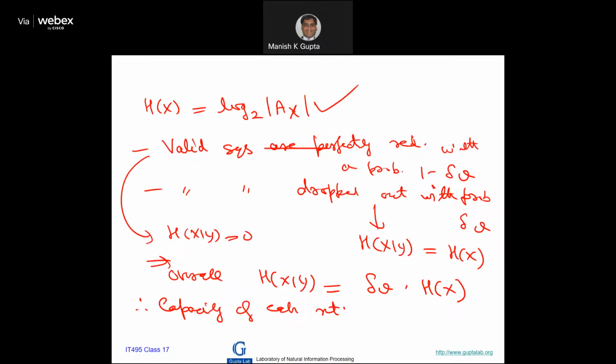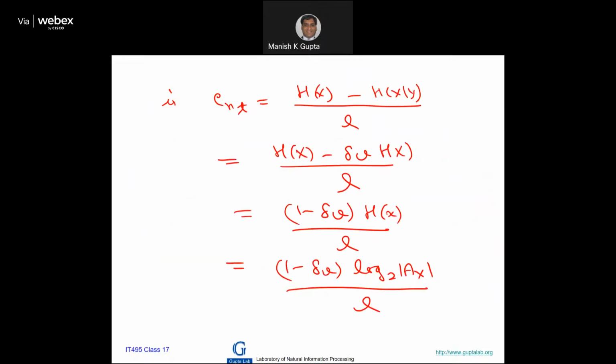I'm just substituting it. So the capacity per nucleotide turns out to be (1 minus delta V) times log base 2 of |AX| divided by L. What is delta V? It is the dropout rate of the channel, right.